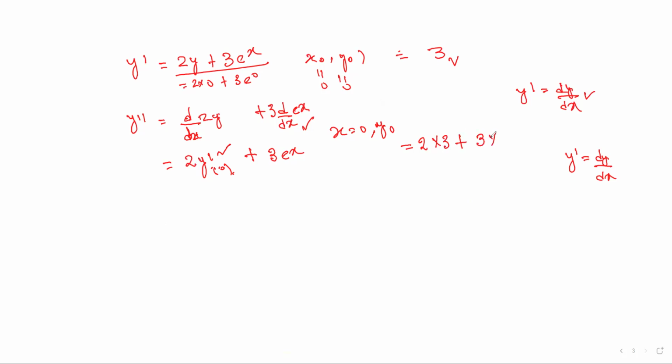So this will be 2 into y dash plus 3 e power 0, which is 6 plus 3, so this will be 9. So y double dash of 0 is 9. Now we can write the y triple dash, and proceed similarly.